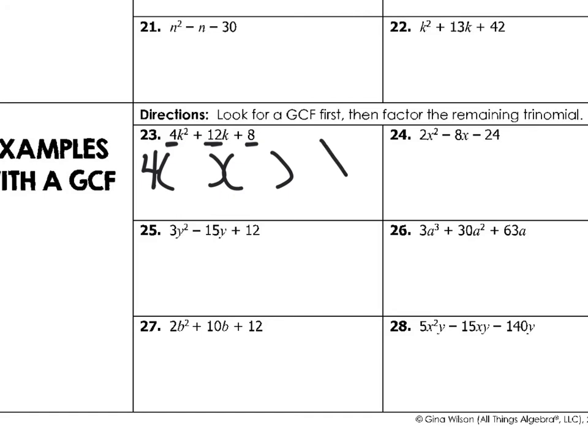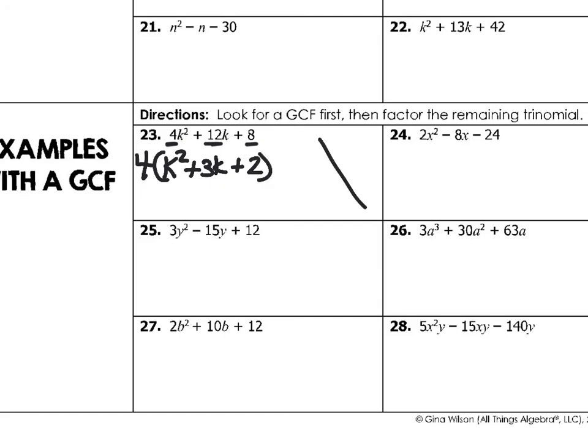All right, so let's do our X. 4 times, oops, my bad, I needed to finish this for you before I do that, don't I? Kind of got ahead of myself. All right, so let's finish the greatest common factor. Divide each term by 4, so it'd be K squared plus 3K plus 2.